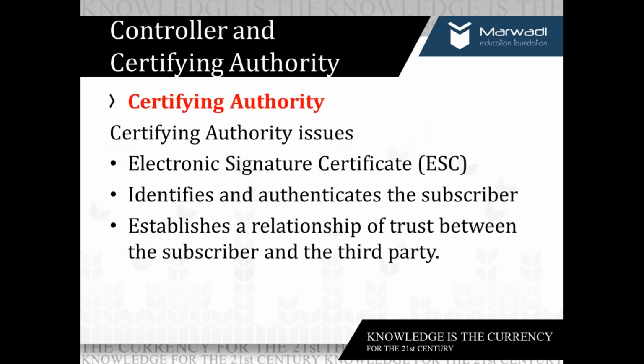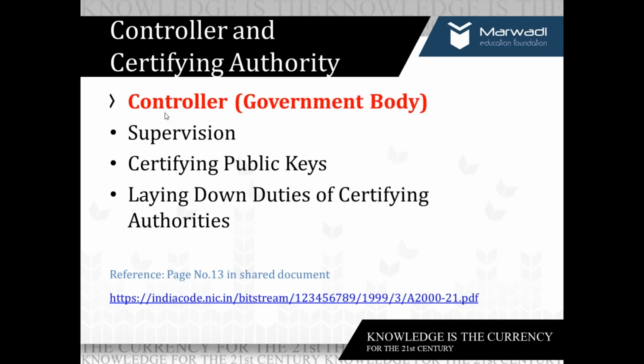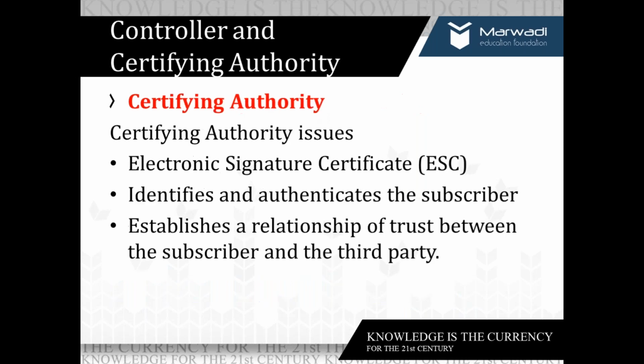Let's assume one pyramid, and at the top of the pyramid there is a controller, right? So the controller has all the power, and they are nothing but a government body, right? So the controller will define who will be the certifying authority.